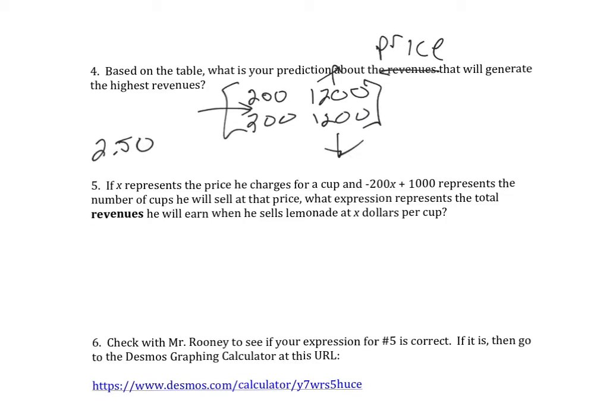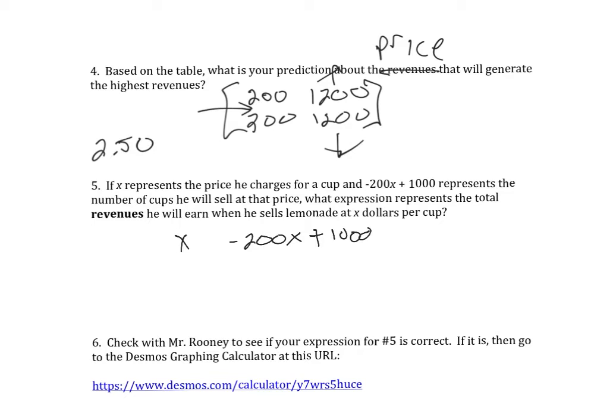highest possible revenue. So now, if X is how much we are charging per cup, and negative 200X plus 1,000 is how many cups we'll sell, well, in order to know how much money we earn, we have to multiply how many cups we sell by how much we're selling each cup for.